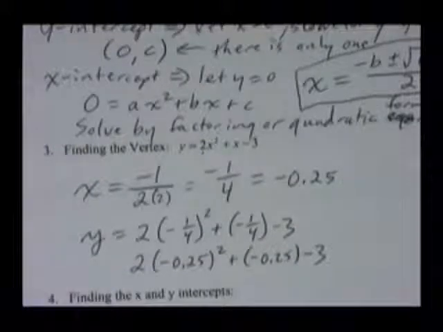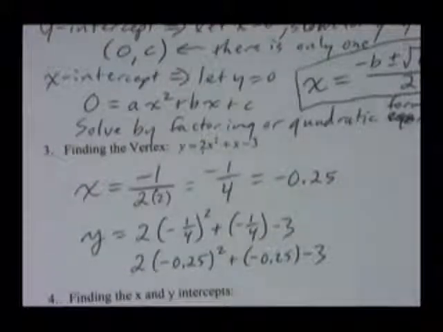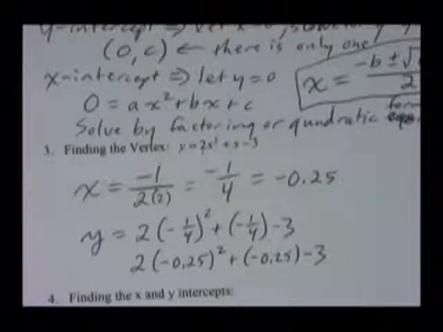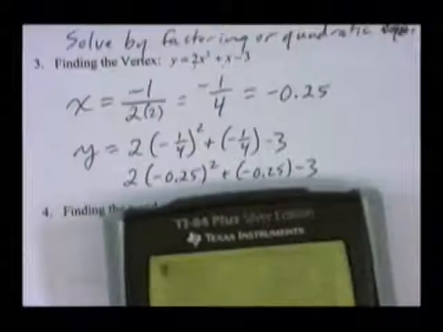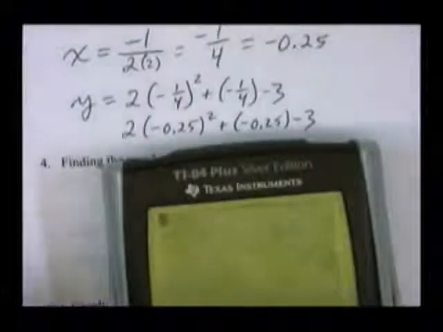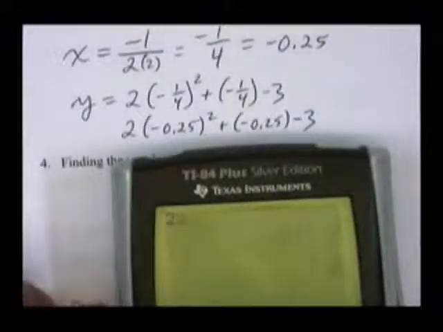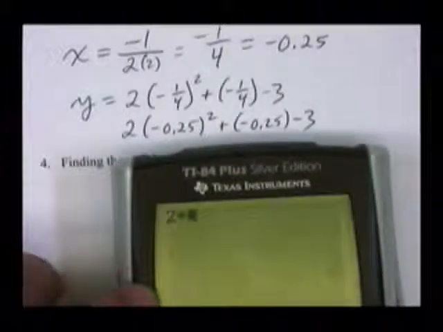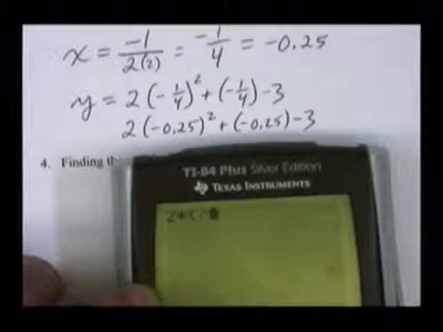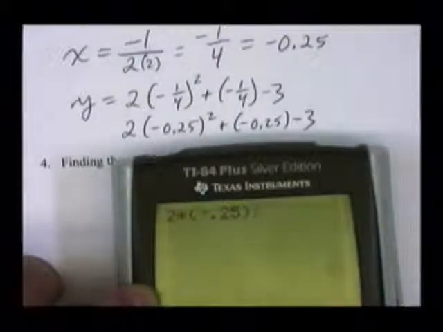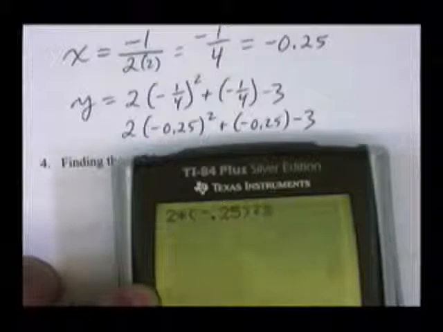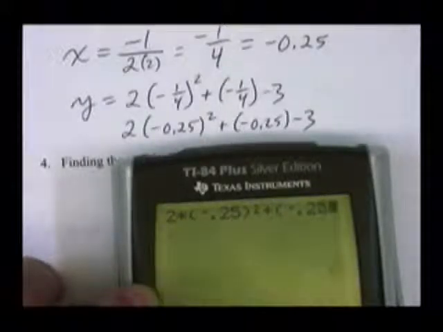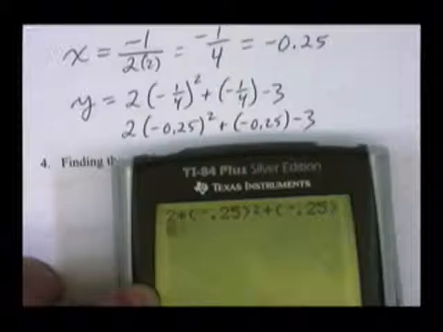One of the really nice things about graphing calculators is that you can plug that whole thing in there, and the graphing calculator will do all your order of operations for you. So let me go ahead and plug that all in here, just as it's written: 2 times, parentheses negative 0.25, close parentheses, squared, plus negative 0.25, minus 3.